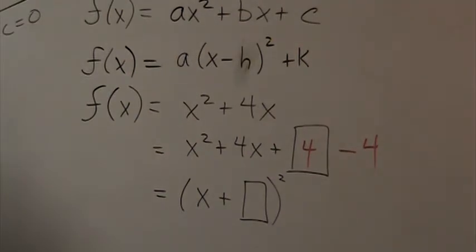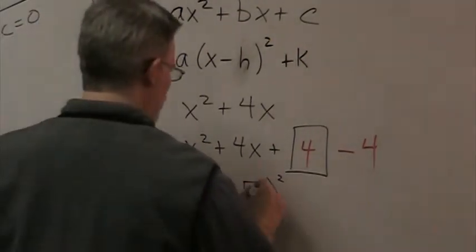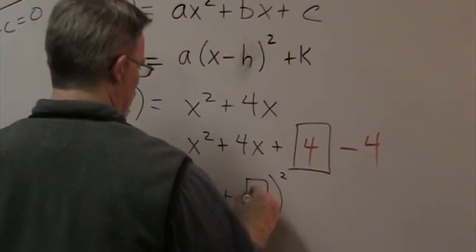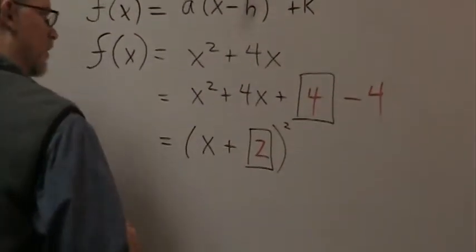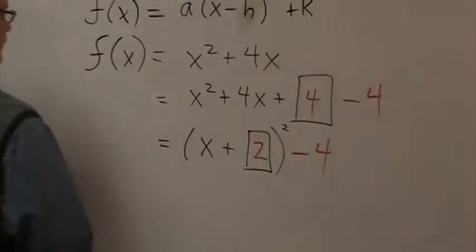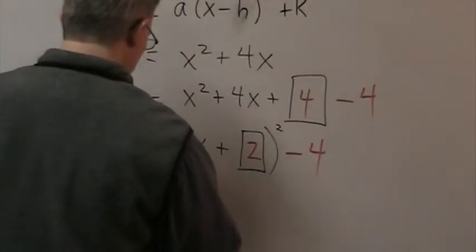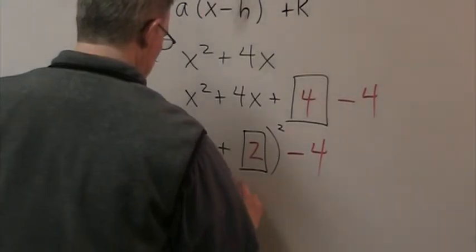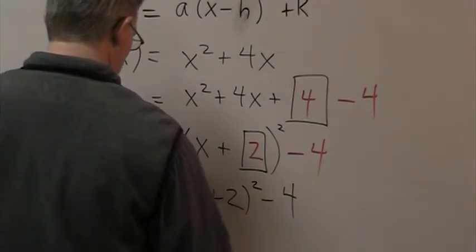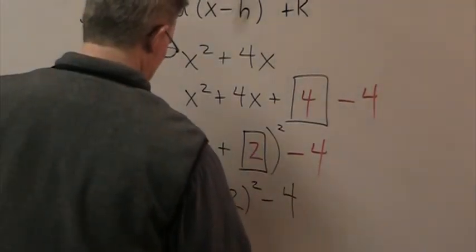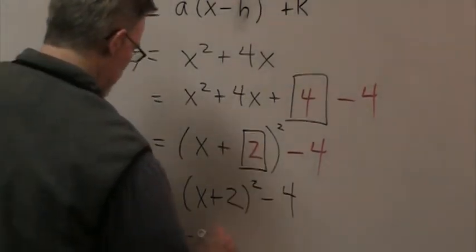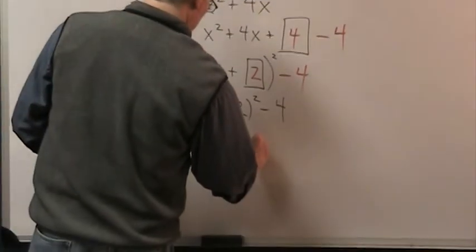So this term becomes b over 2 squared, and so that's an x plus 2 minus 4. So now this function becomes x plus 2 squared minus 4, which would have a vertex of negative 2 comma negative 4.